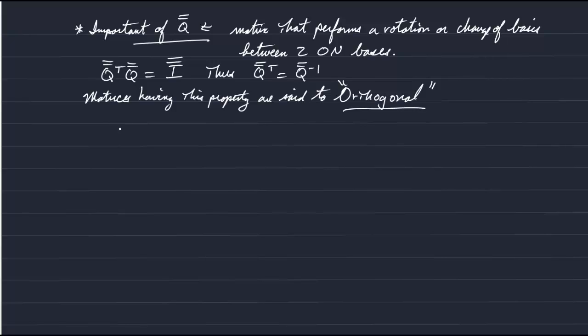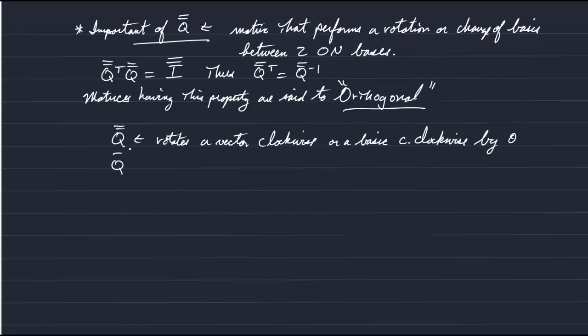And one way that you can interpret Q is it rotates a vector clockwise, or a basis counterclockwise, by theta.